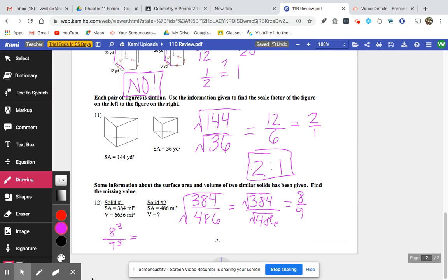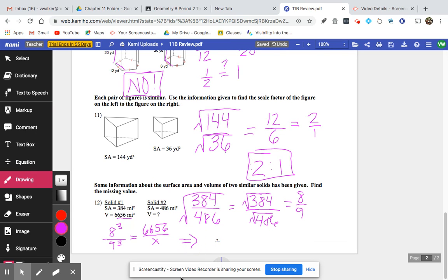I'm going to do the one that I know, 6656, over the one that I don't know. I'm calling it x, or you could call it z, or question mark, whatever you want to call it. And from here, I would simplify 8 cubed over 9 cubed first, and then we cross multiply.